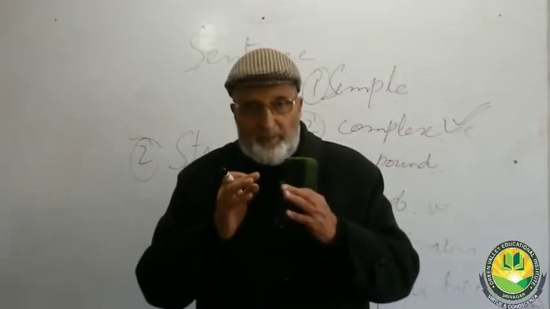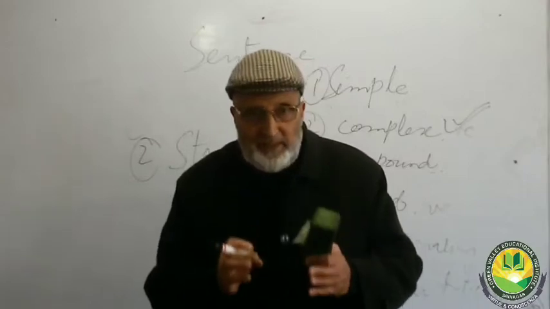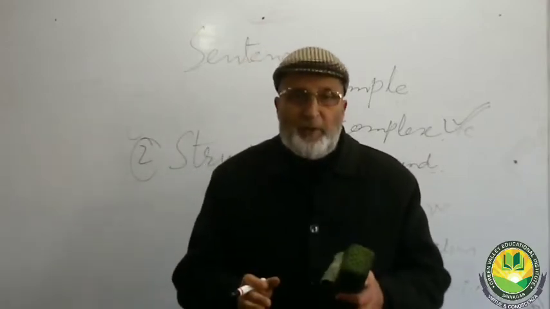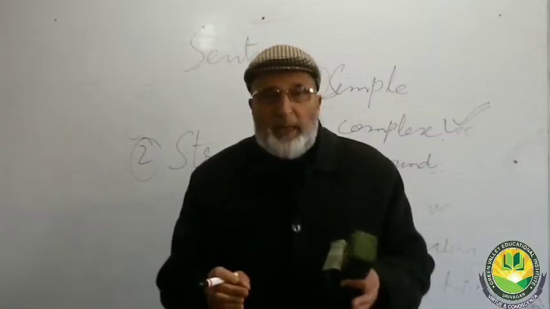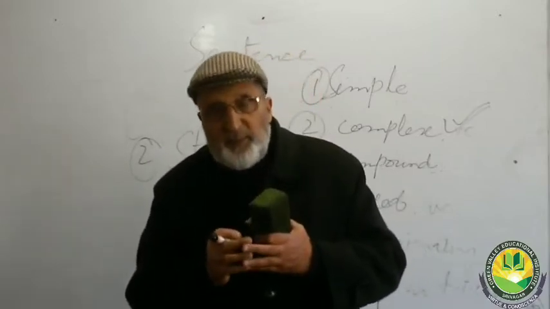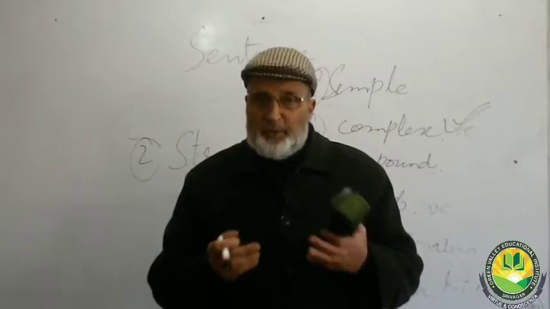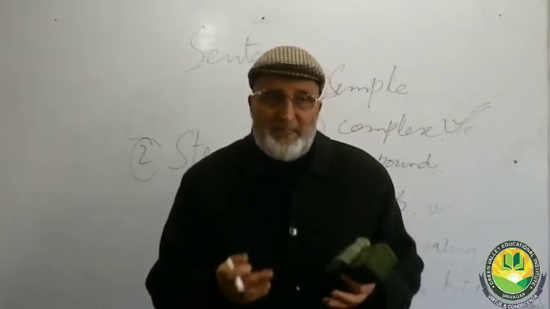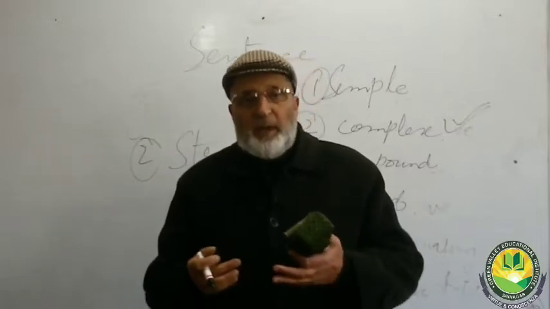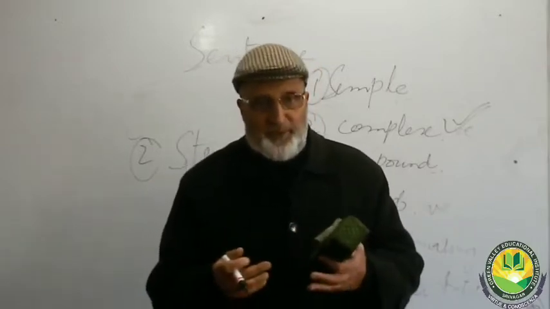So, a complex sentence comprises more than one verb, each verb forming a clause of its own, and the different clauses thus formed are joined together with the help of simple conjunctions, or in other words, connectives.